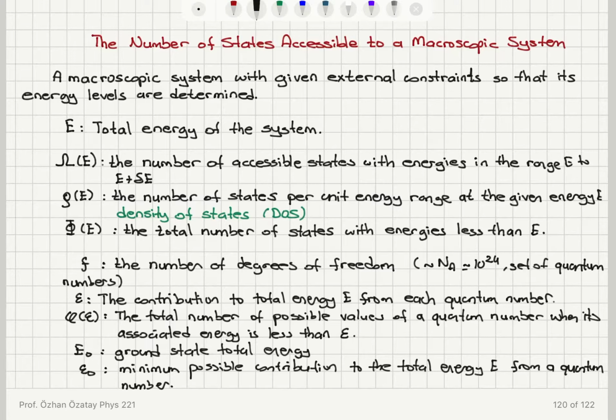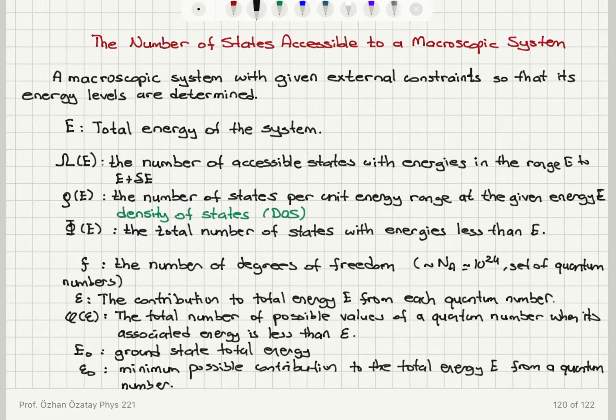Rho as a function of E is the number of states per unit energy range at the given energy E. It's called density of states. Capital phi is the total number of states with energies less than E. F is the number of degrees of freedom.